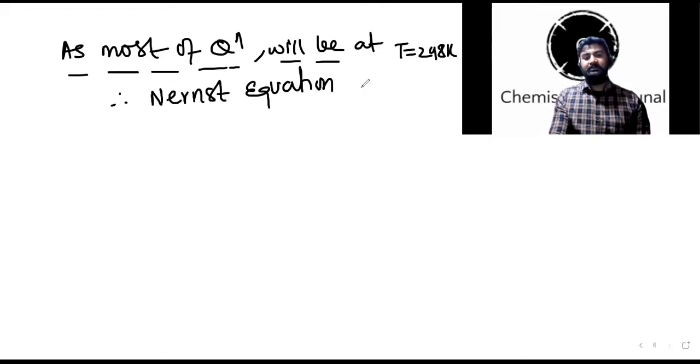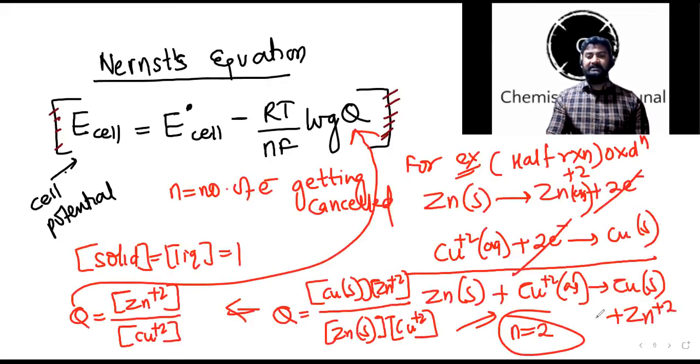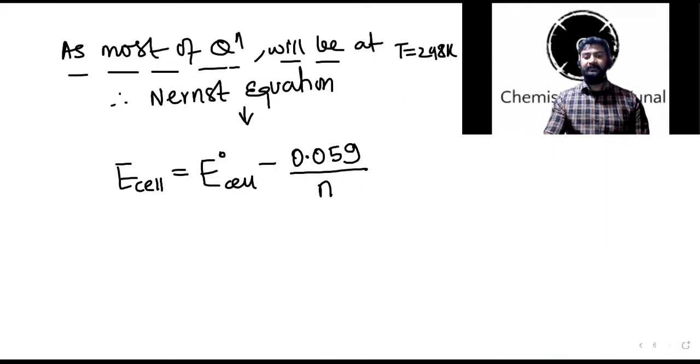Nernst equation now becomes E cell is equal to E naught cell minus 0.059 by N, because this R is a constant, T is 298, F is Faraday, we know that, right? So let me tell you how I got this first, otherwise you'll get some confusion later on.